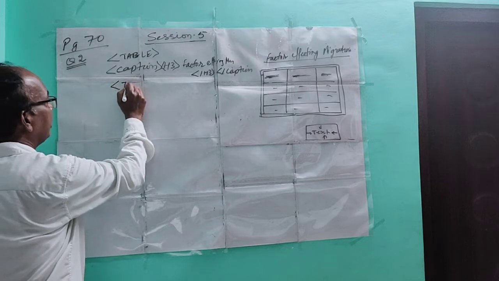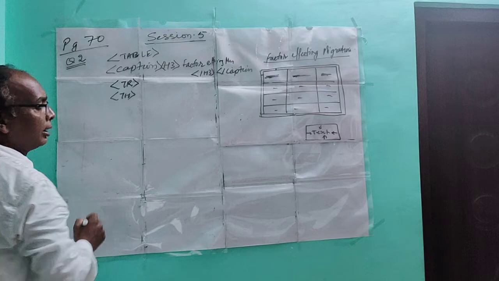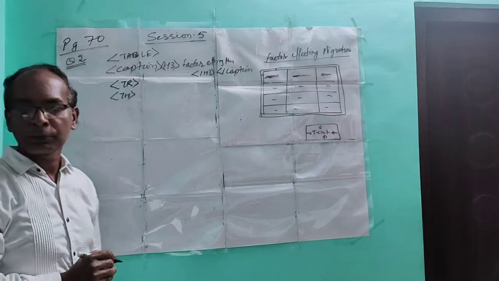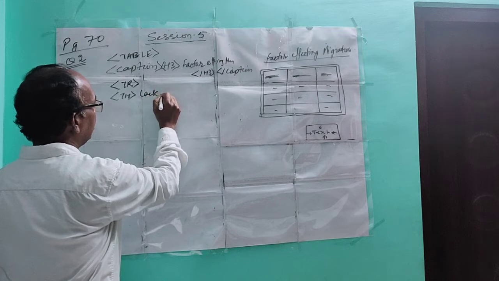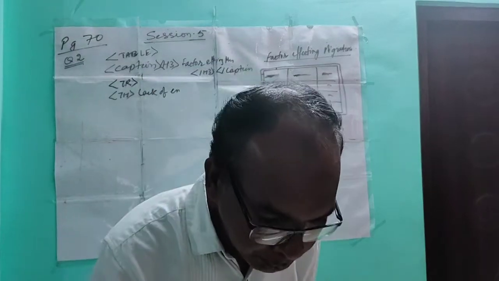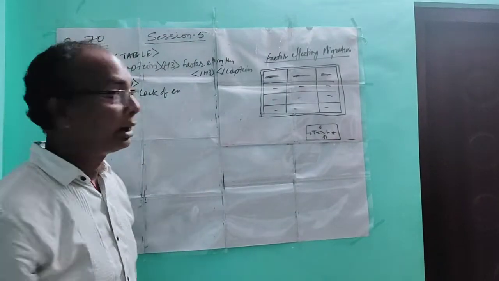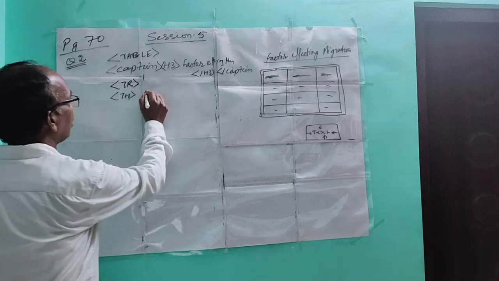After that, let's start the table. The first tag is TR for table row, TH for table heading. The headings are: number one is economic factor.